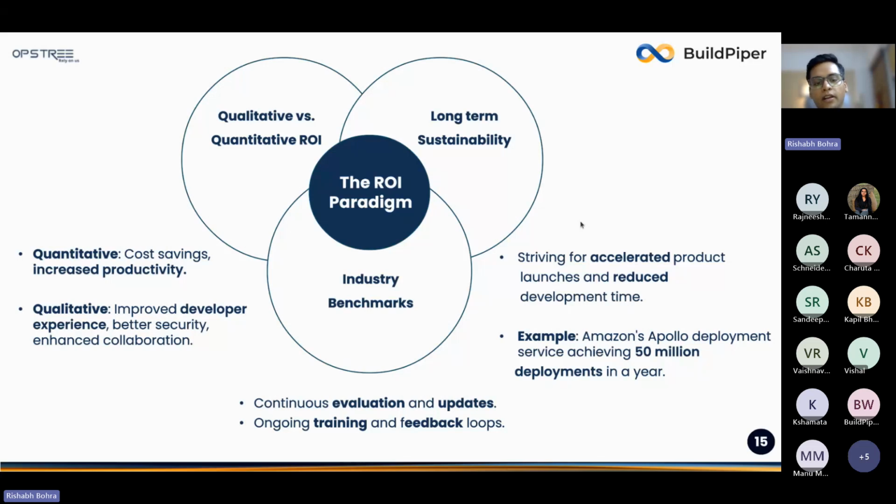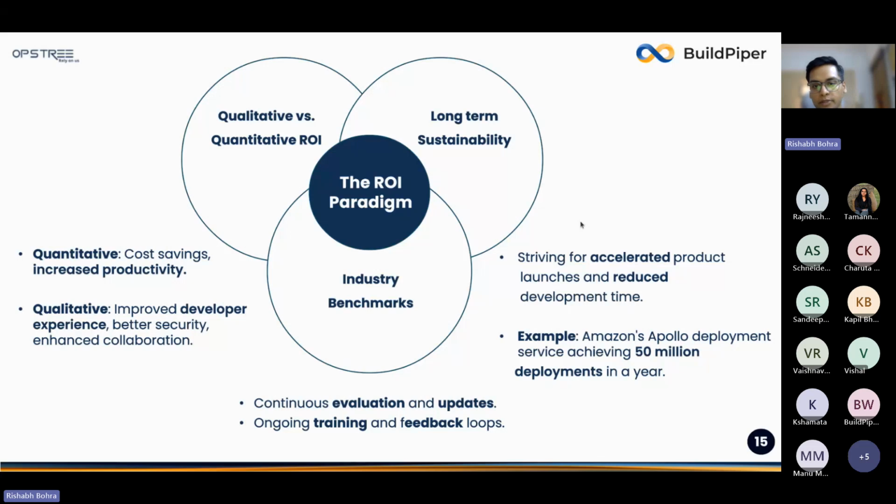The qualitative, where the developers, QAs, etc., are pushing out the better quality code. Essentially, it is also one of the goals of the CIO to ensure that the best possible quality code is being pushed out and available, running in the production environments. So here it is qualitative, and then striving for the accelerated product launches so that you can have the faster time to market.